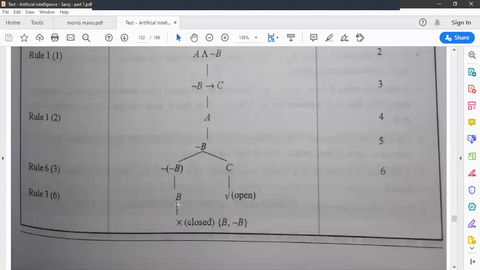One is B and one is not B, so they get cancelled. So this path is closed because of B and not B, whereas this path of C is open. What does that mean? We will look at here.